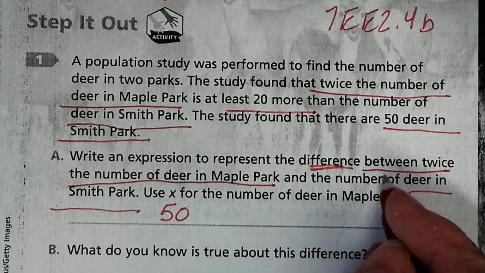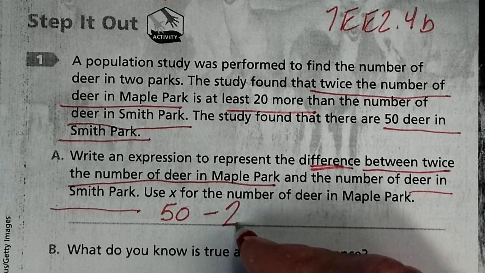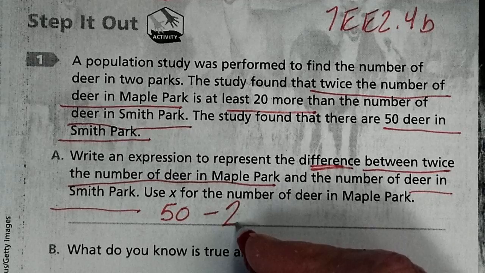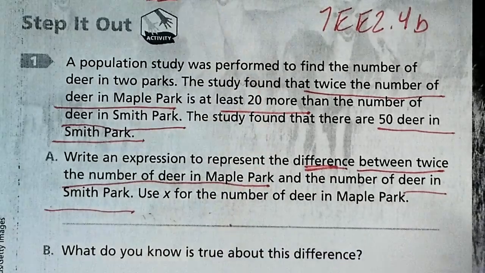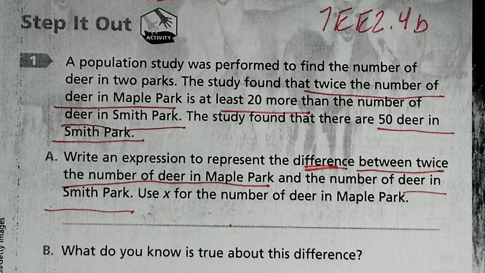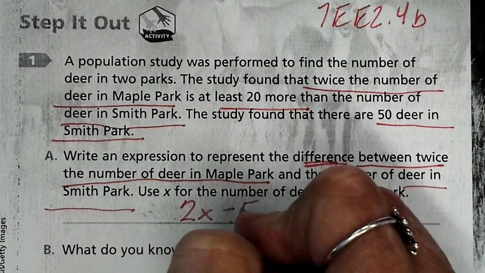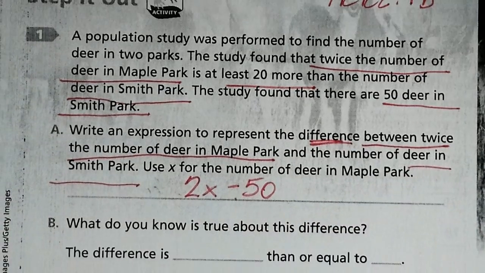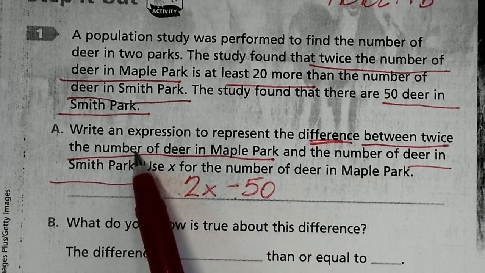And we're going to find the difference of twice the amount of deer. So I'm writing it wrong. Hold on. Yes, that's okay. So it's 2x minus 50. So the difference between 2x and 50.